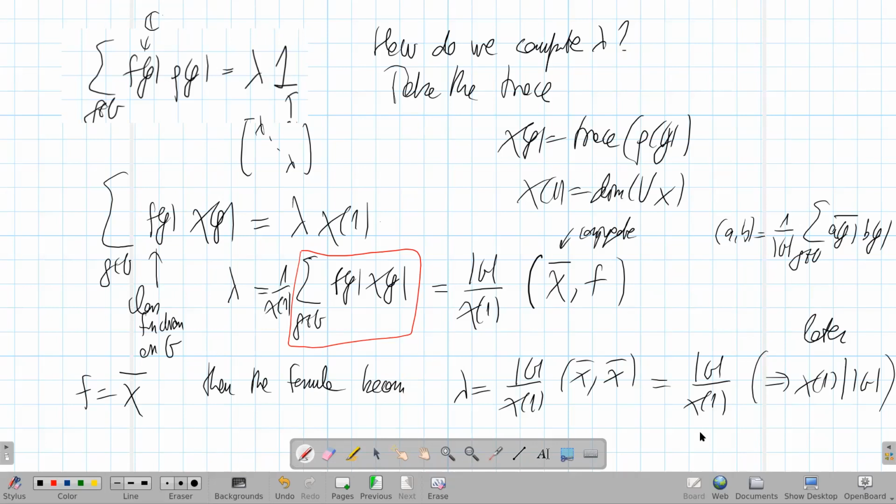Good. And now we can start with the integrality. So one way of doing integrality, we will soon be discussing algebraic integers, which you will probably have seen elsewhere.